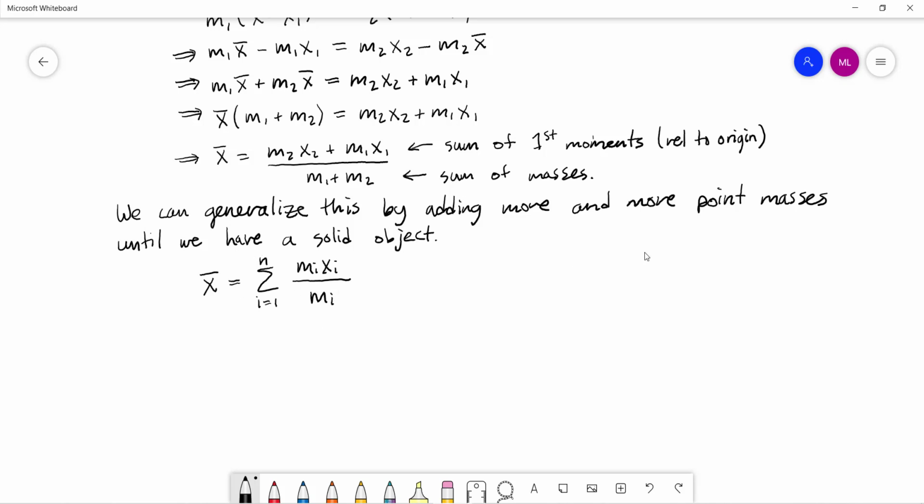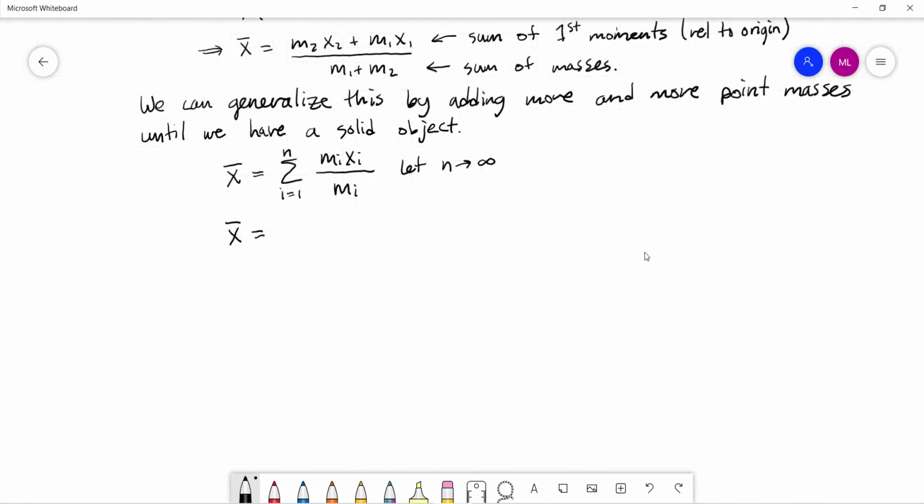So if we let n go to infinity, we wind up getting that x bar is equal to, essentially taking the limit, on the bottom we're just going to have the total mass. So assuming we know the mass of our object, of our plate, of our region that we're interested in, and we know that it's equal to m, I'm just going to write this as 1 over m, and we've taken care of the denominator.